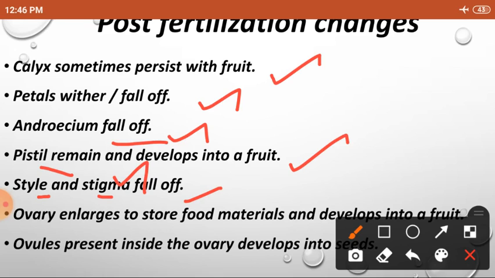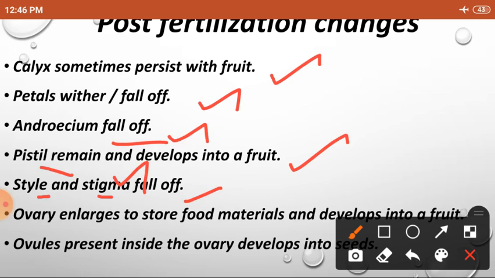Then what do we need now? Only the ovary and ovule. That ovary will become the fruit and the ovule will become the seed after fertilization. The ovary enlarges to store food materials and develops into a fruit.